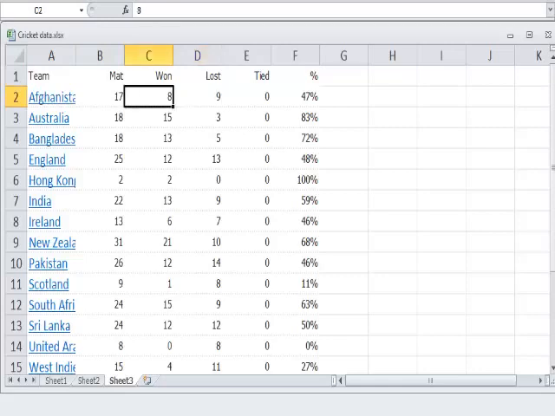We have binomial random variables, many of them, and these are the observed outcomes. In the first one, binomial n, p, the observation is 8, the second one is 15, then 13, and so on. Now, if we use classical statistics, then our estimate of the probability of winning for Afghanistan is 47%.